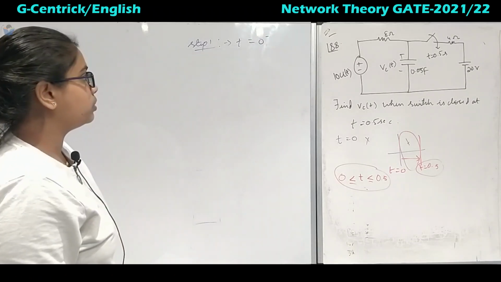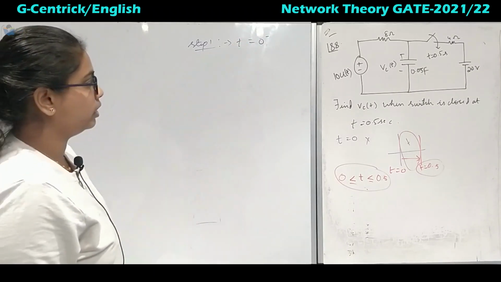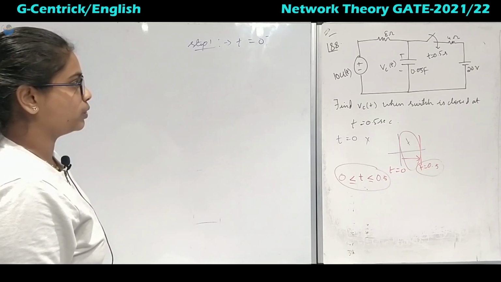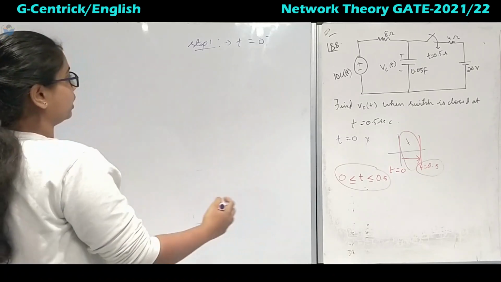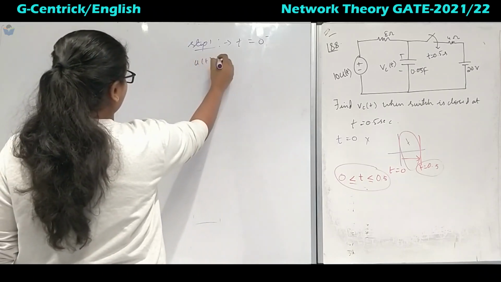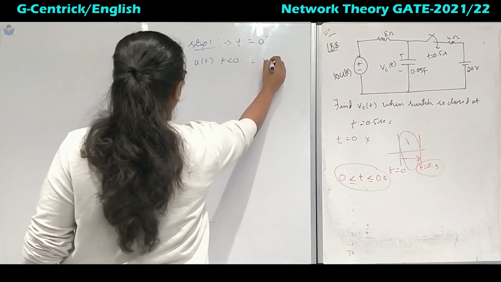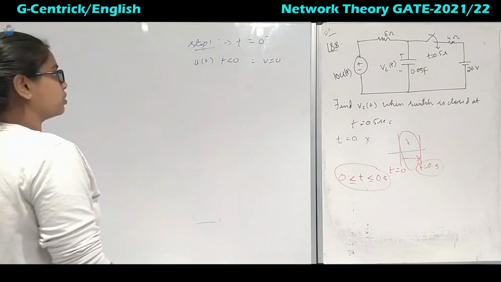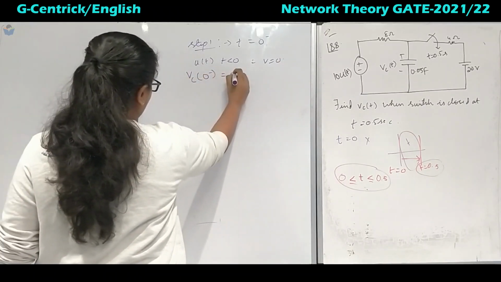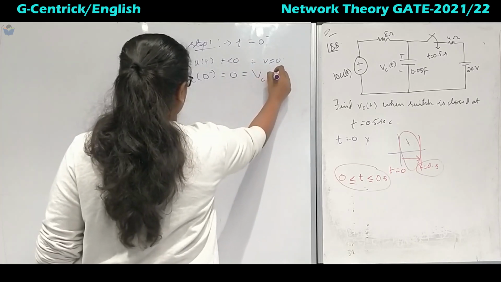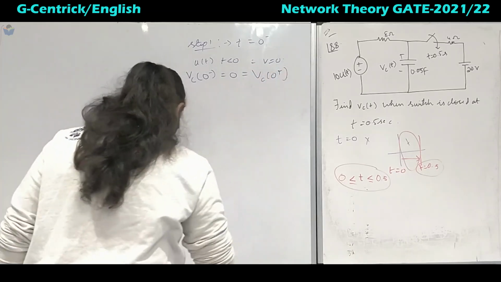At t is equal to 0 minus, the switch will be open. Is it with the source? No, because we have got u of t, so for t less than 0, it will be 0. So Vc of 0 minus is equal to 0, which is also Vc of 0 plus.